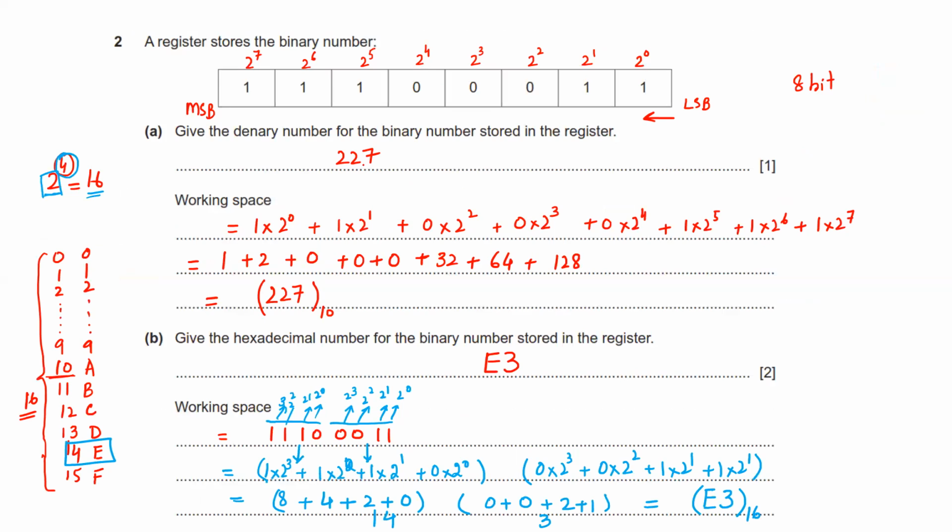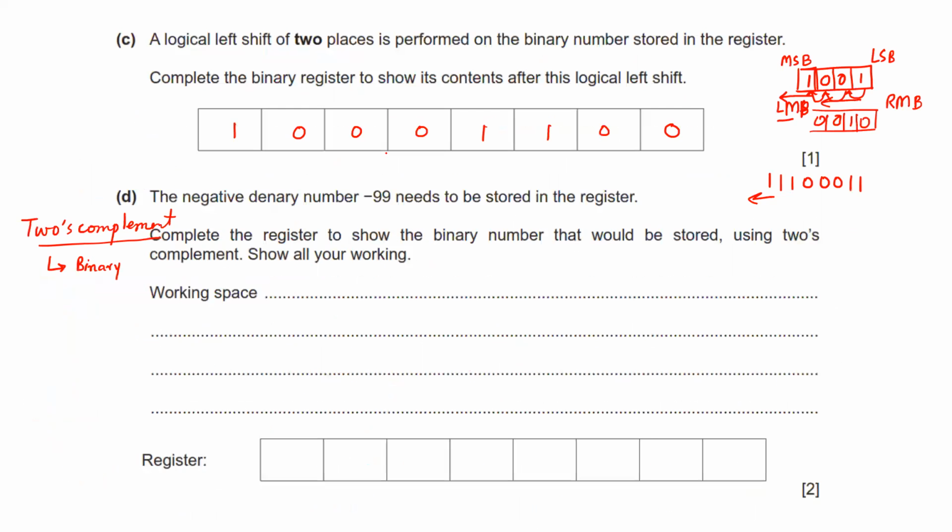This is how we converted a number from binary to decimal, so we have to go the reverse way. Again, first of all, we have to see how many bits we have. We have 8 bits: 1, 2, 3, 4, 5, 6, 7, 8. So the final output should be of 8 bits. So we have to convert to an 8-bit binary number first, and its value should be 99.